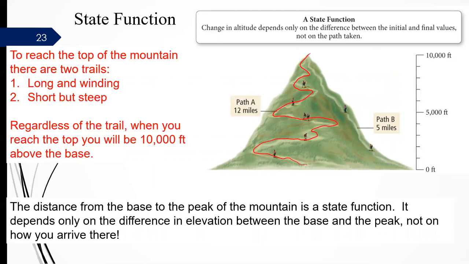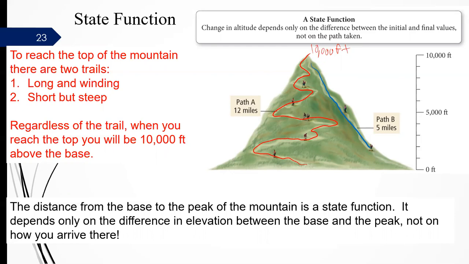But it'll get us from the bottom of the mountain, 0 feet, up to the very top, 10,000 feet. On the other hand, we have a short path, but a steep one, path B. It only takes us 5 miles to walk it, but it's a very steep path instead.